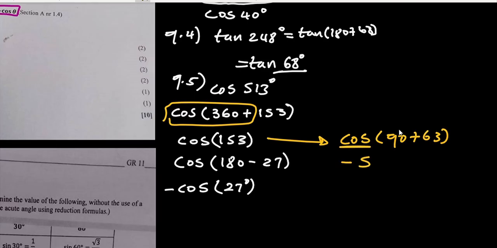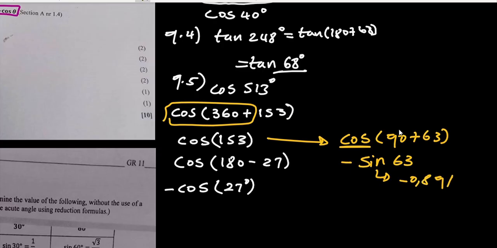So we're going to have sine of 63. If you take your calculator and say negative sine 63, you are going to get negative 0.891.